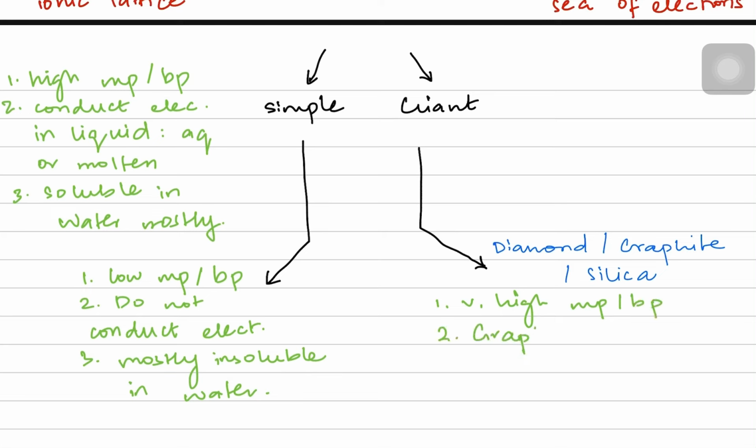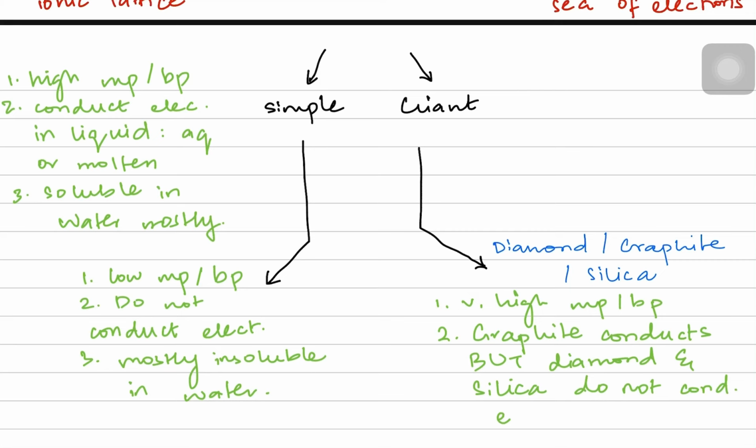Graphite conducts electricity because of the mobile electrons, but diamond and silicon dioxide do not conduct electricity. And obviously they are insoluble in water.